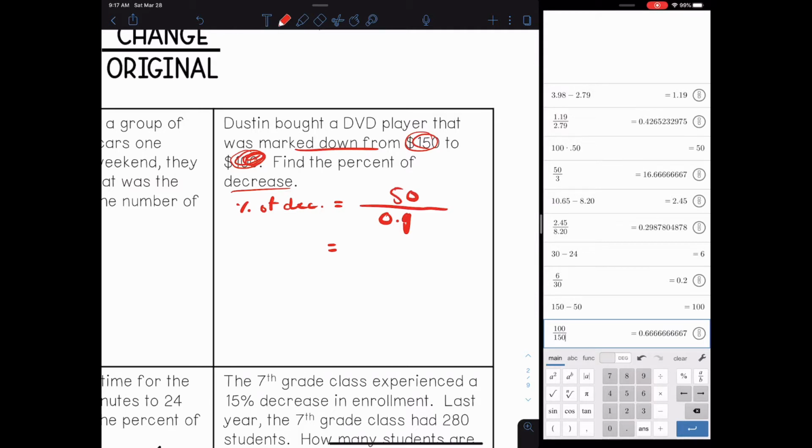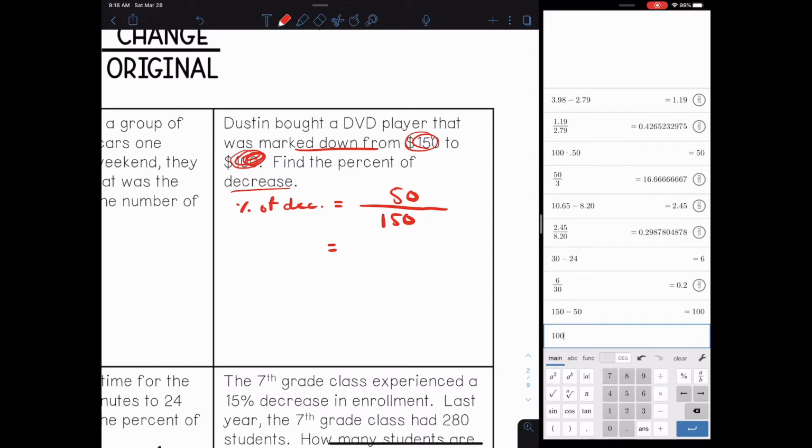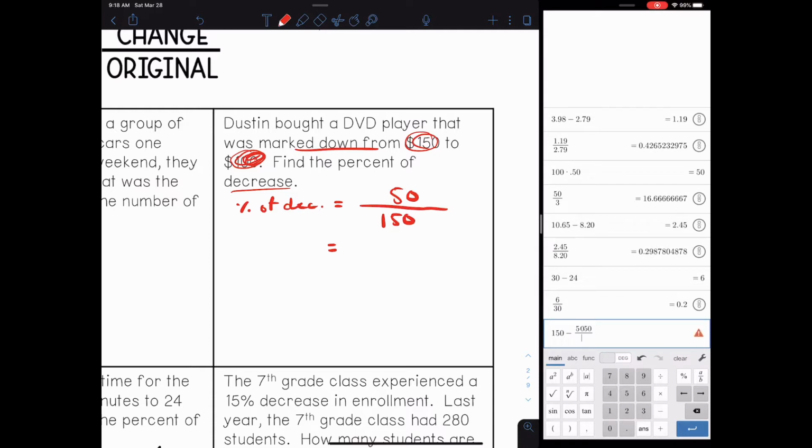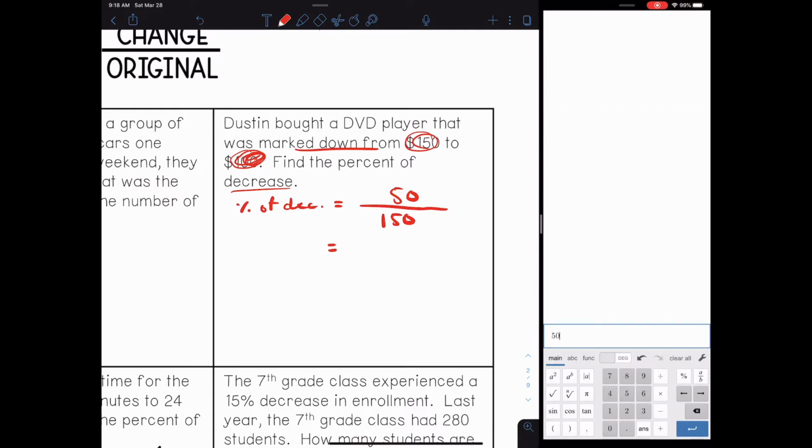And then on the bottom, you have the original. How much was the original? 150. Divide 50 by 150. Let's clear all this. 50 divided by 150, and you get 0.33333.